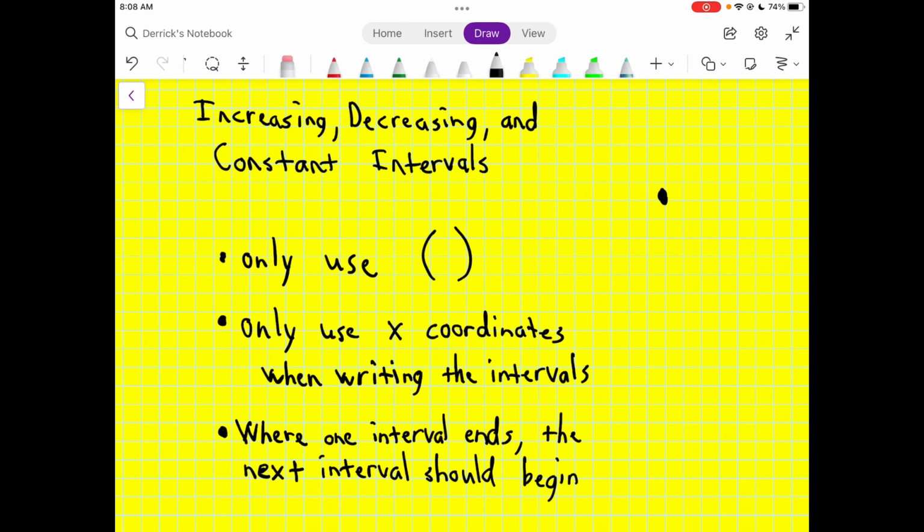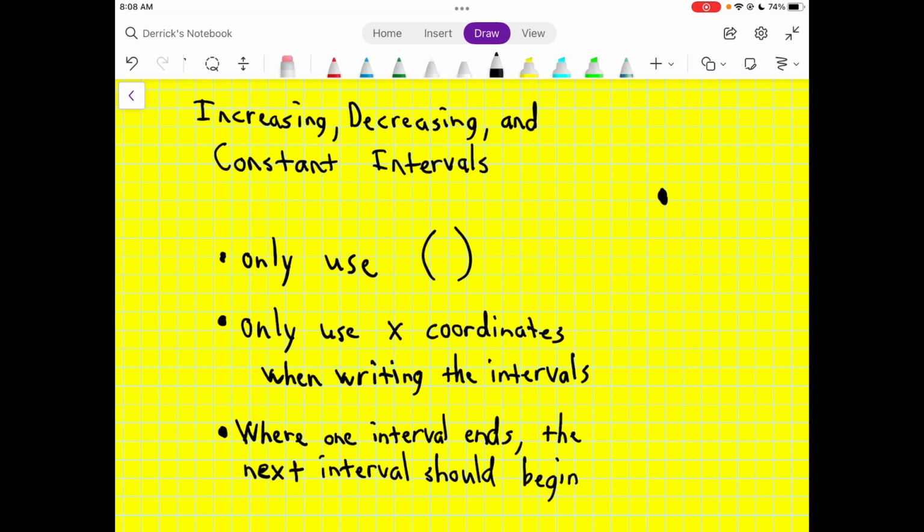Second, we are always going to use x coordinates to write our intervals. The reason for that is, we just said that the term increasing means upward movement. The term decreasing means downward movement. Constant means there's just no up and down movement. So I don't want to state that information with y values, or I would just be restating the same information, right?